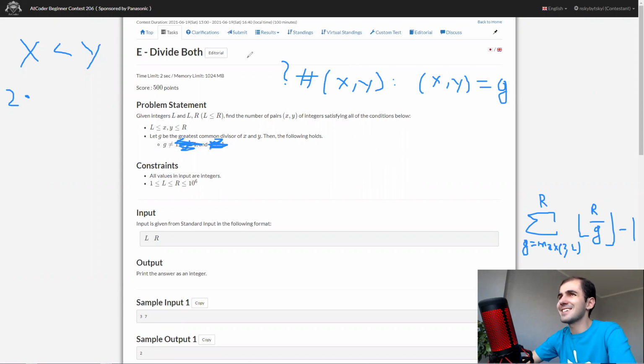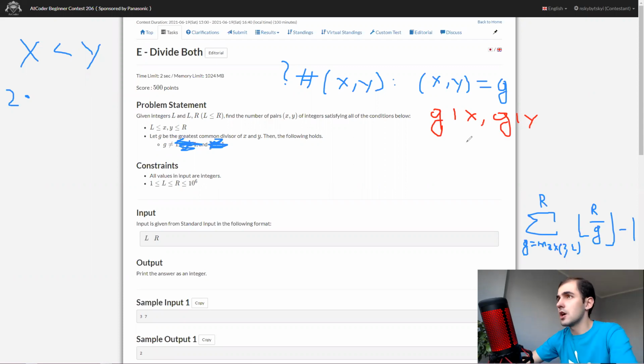What I can tell you instead is how many pairs there are such that g divides x and g divides y, so both x and y are divisible by g, because that's just much easier to count. You may say, wait a second, that's the same thing.